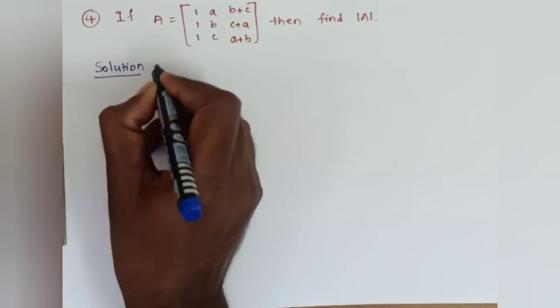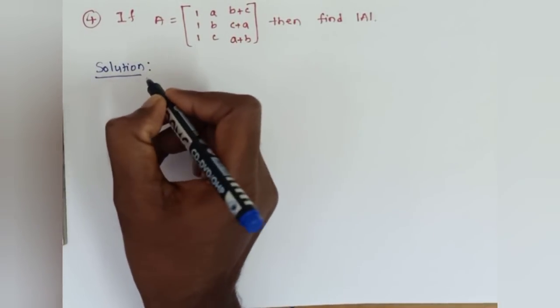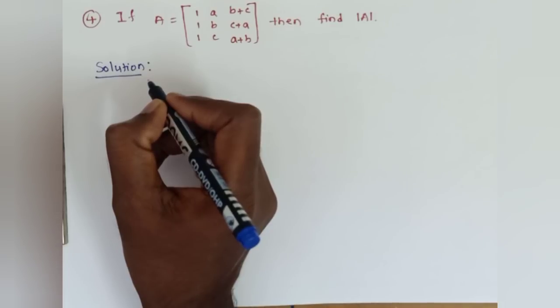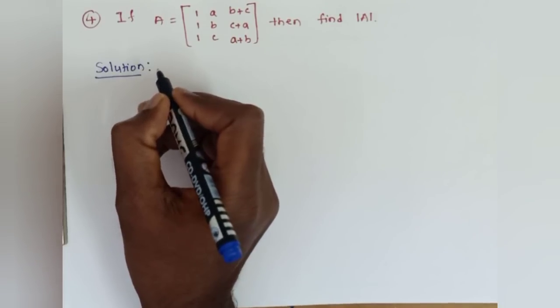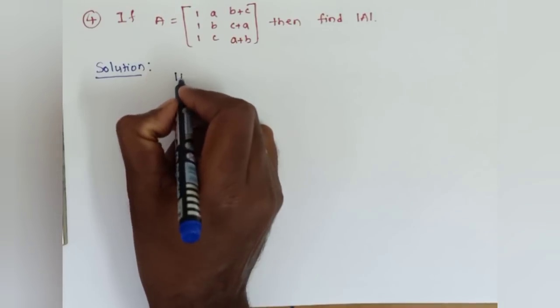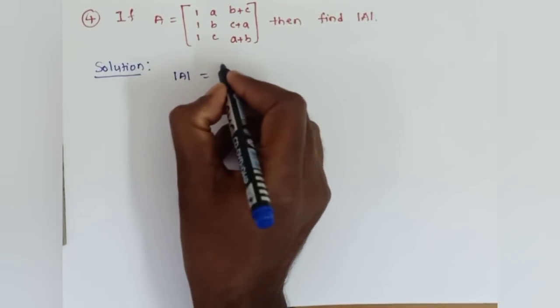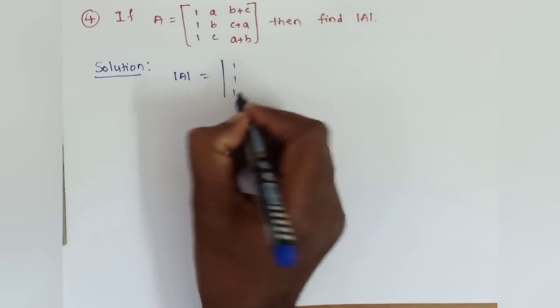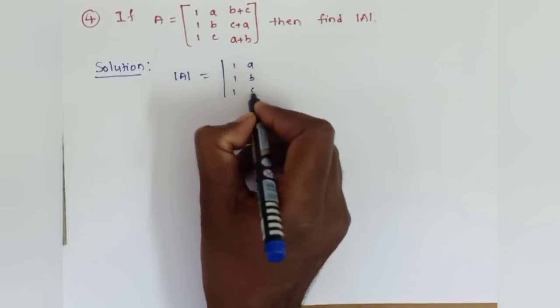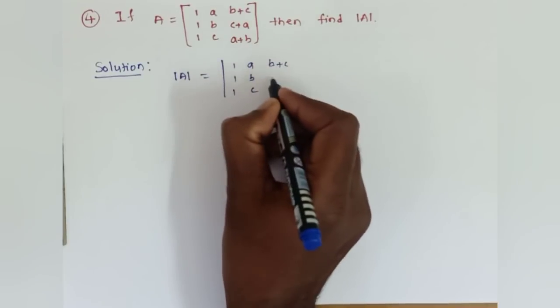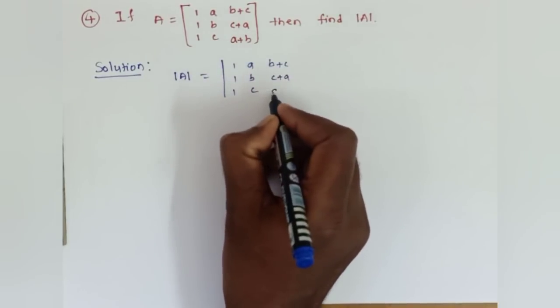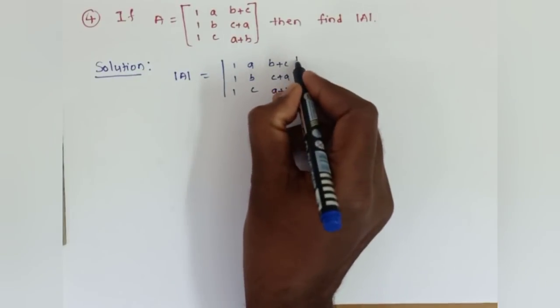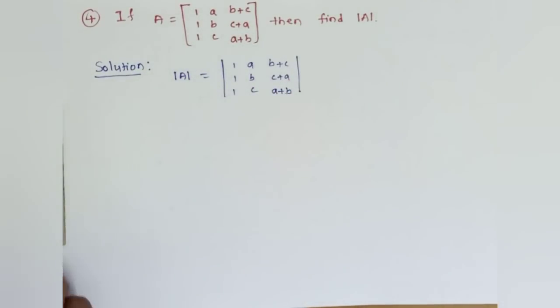Every matrix determinant can be evaluated by using the definition of the determinant. Now, here I am applying the properties. The determinant of A can be written as 1 1 1, A B C, B plus C, C plus A and A plus B. Just observe column 2 and column 3.